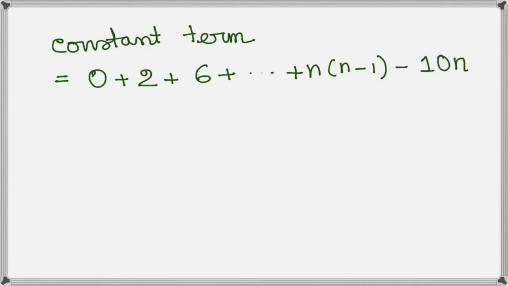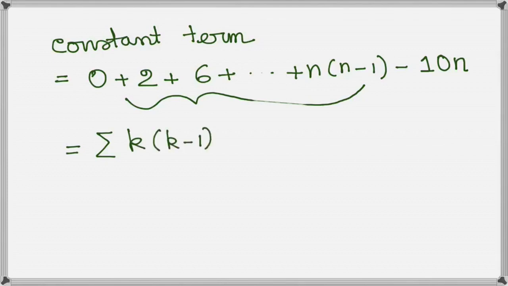Now note that this part is already in the form sum of k into k minus 1, k is from 1 up to n, and this is minus 10n.